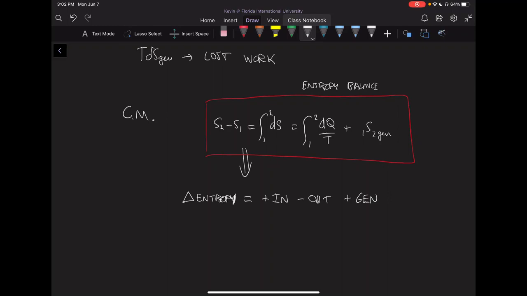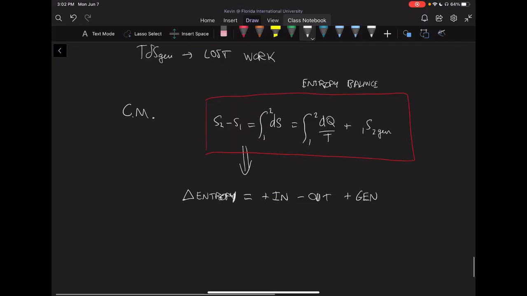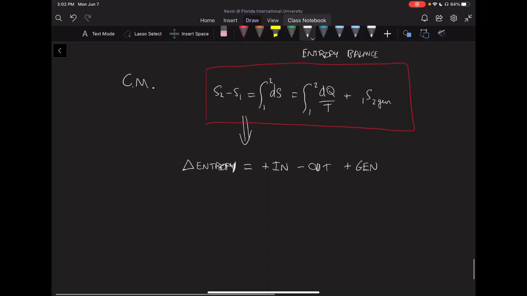How do we increase entropy in a system, therefore? Let's try and answer the question: how do we increase entropy in a system? Let's just look at what we have in terms of our equation. What does our equation tell us? Well, we can increase entropy in a system in two different ways.